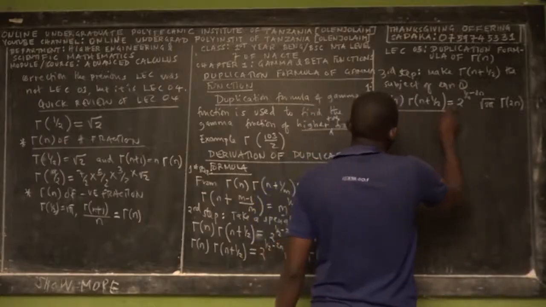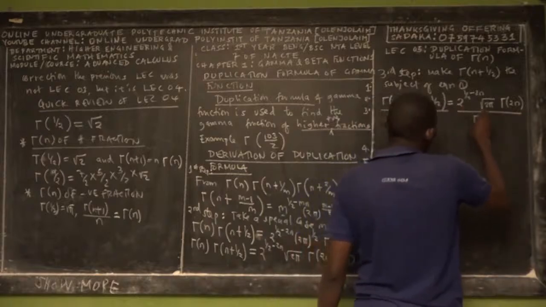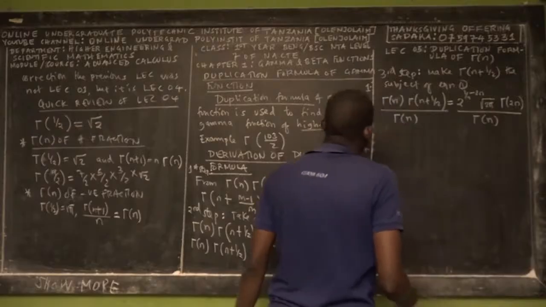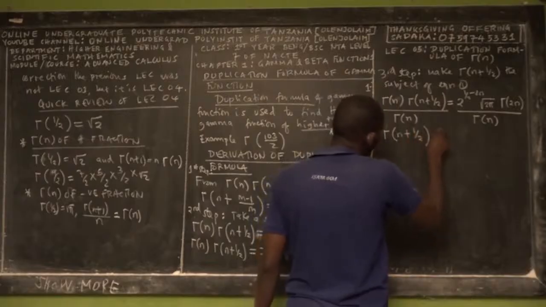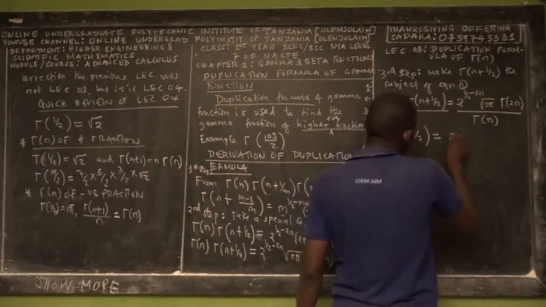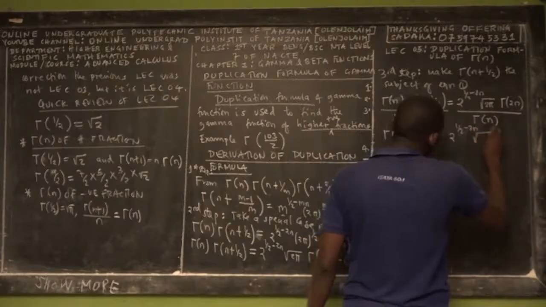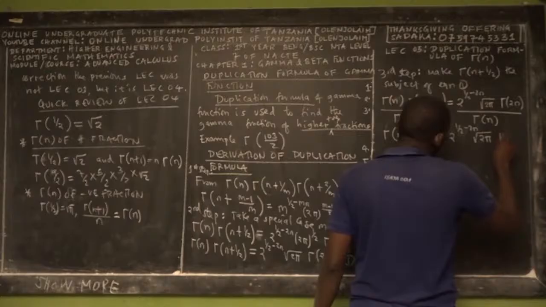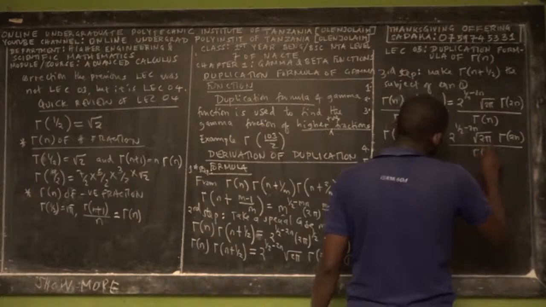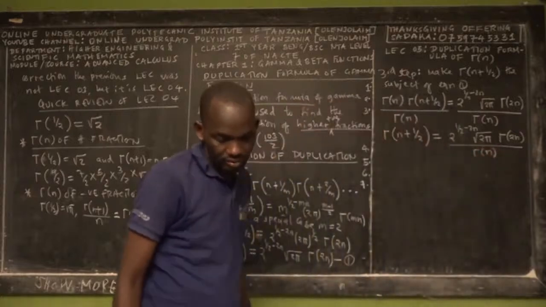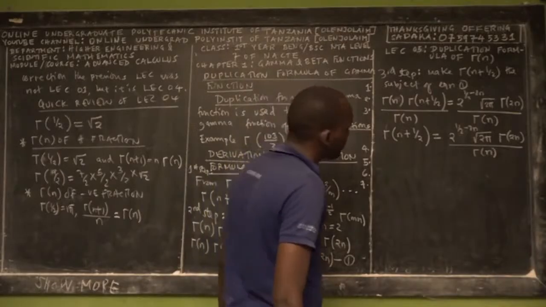So divide by gamma of n. On the left hand side, we have gamma of n plus a half, which is equal to 2 power half minus 2n under root of 2 pi, and then gamma of 2n over gamma of n. So the next step, now we have to simplify the right hand side.